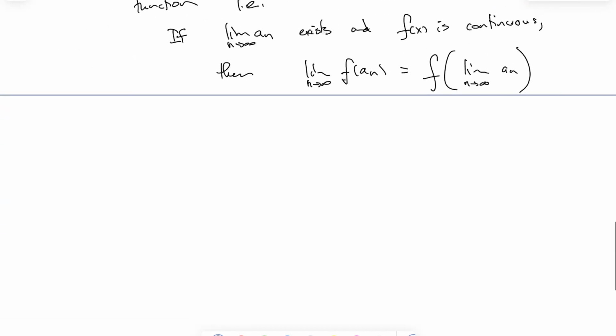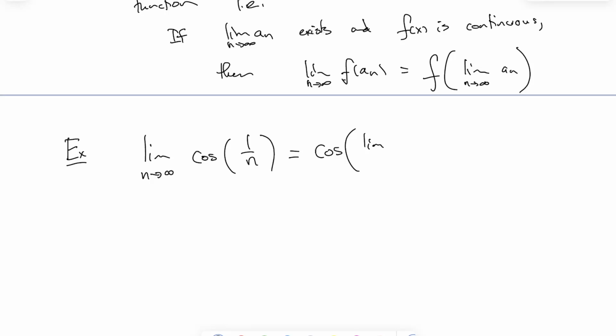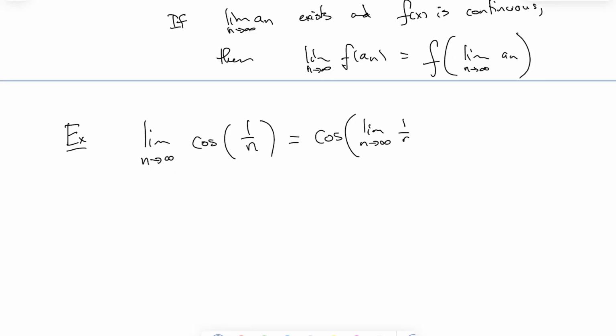Here's an example, a very simple usage of this rule. What is the lim of cosine of 1 over n? When I'm thinking about this limit, I don't really even think about the cosine part. I just think about what happens to this 1 over n when I take this limit. But what I'm really doing is thinking about it like this instead. Just ignore the cosine.